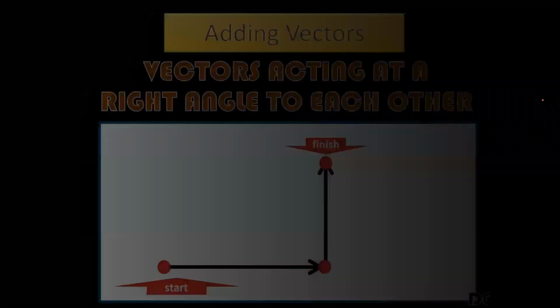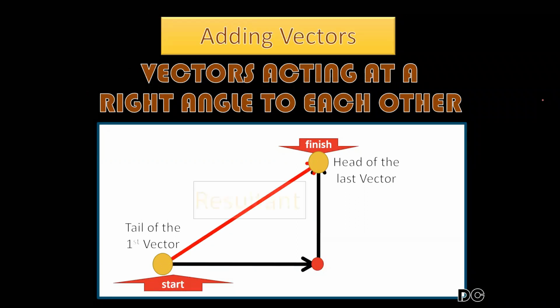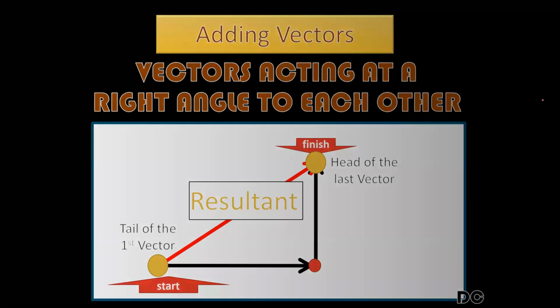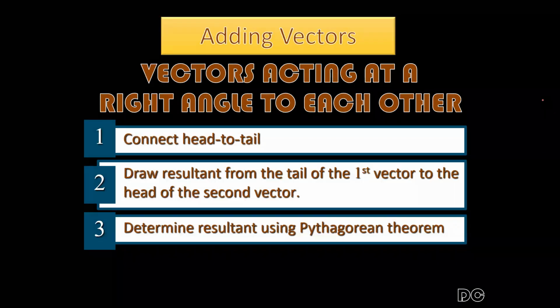If this is the tail of your first vector, and this is the head of your second vector, then we connect these two to draw the resultant line. That is the resultant line. As we can see, we can create a right triangle. After you create a right triangle, we can apply the Pythagorean theorem to determine the resultant.